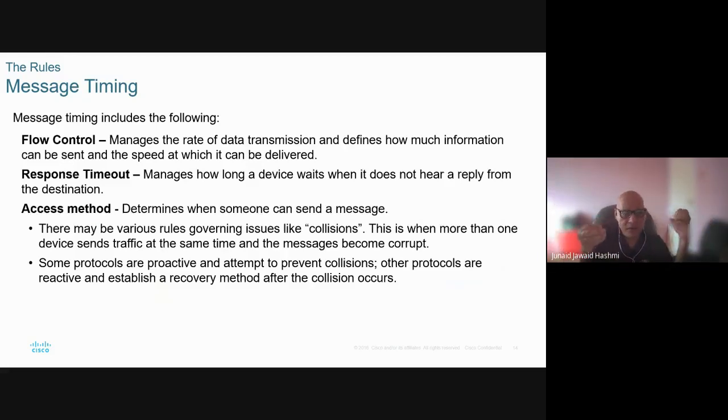For the same exact reason, there are access methods on the network, so these packets or signals can travel on the network without colliding, because just like cars, these signals can also collide with each other, and that brings down the whole network.